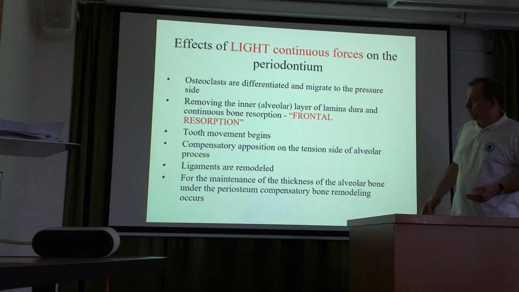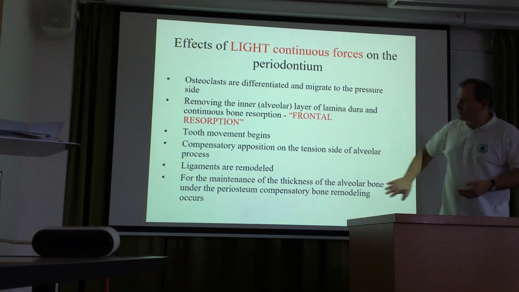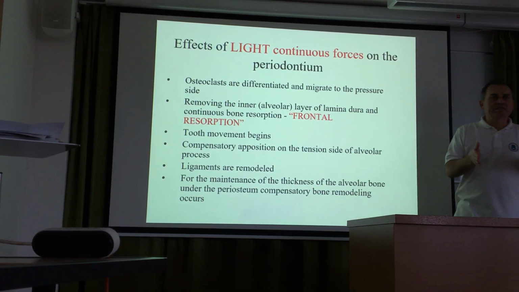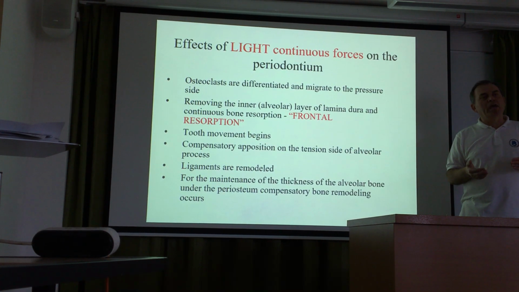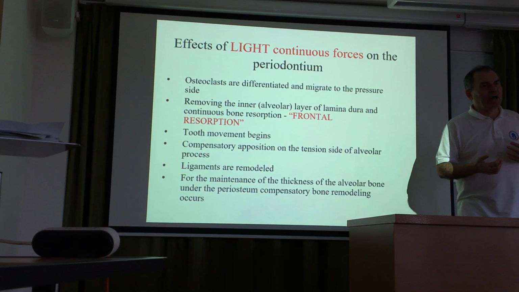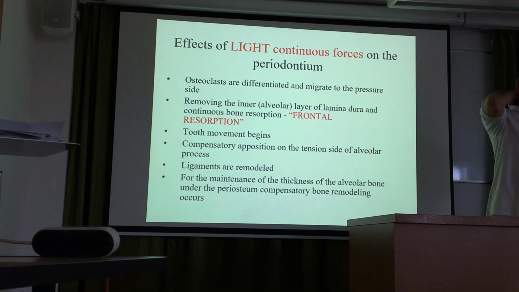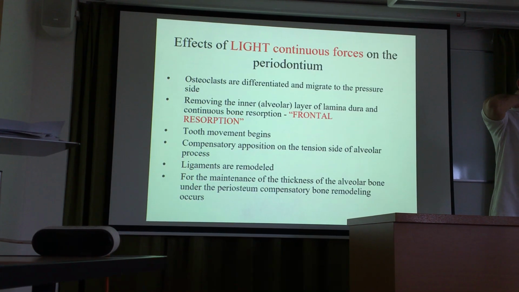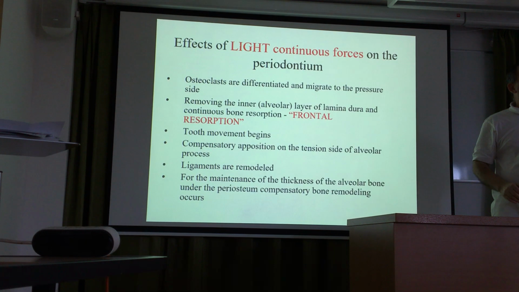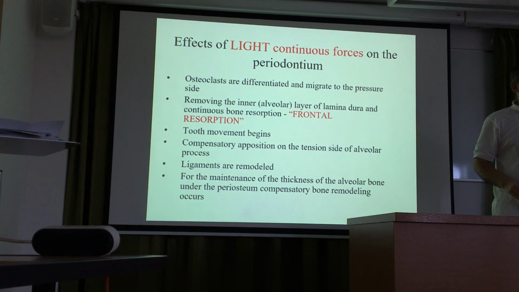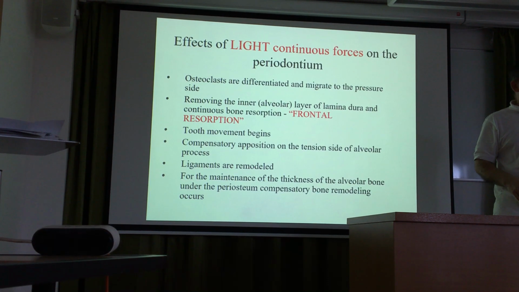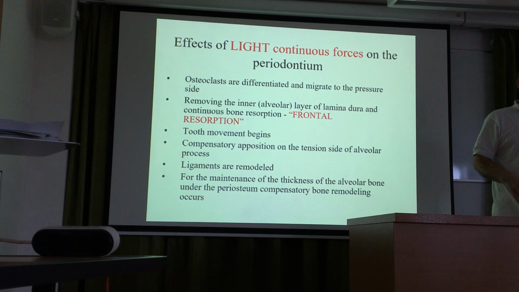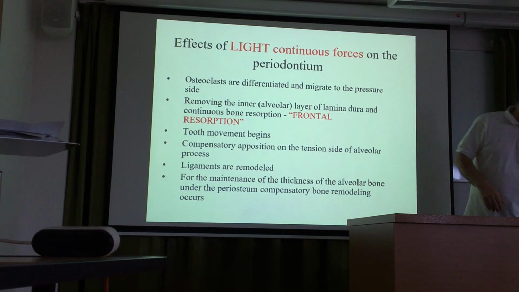And of course, you have to maintain the width of the alveolar process. So when you have bone resorption on the inner side, the frontal side of the lamina dura, you should have bone apposition on the periosteal side, so the outer side of the alveolar process.